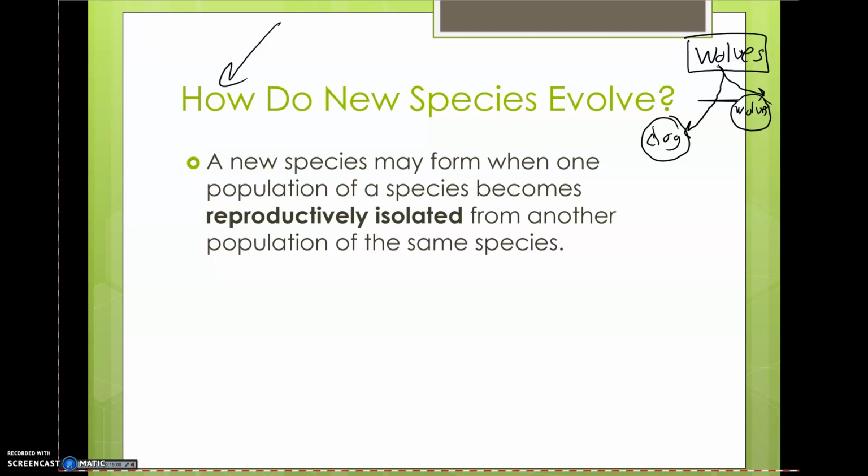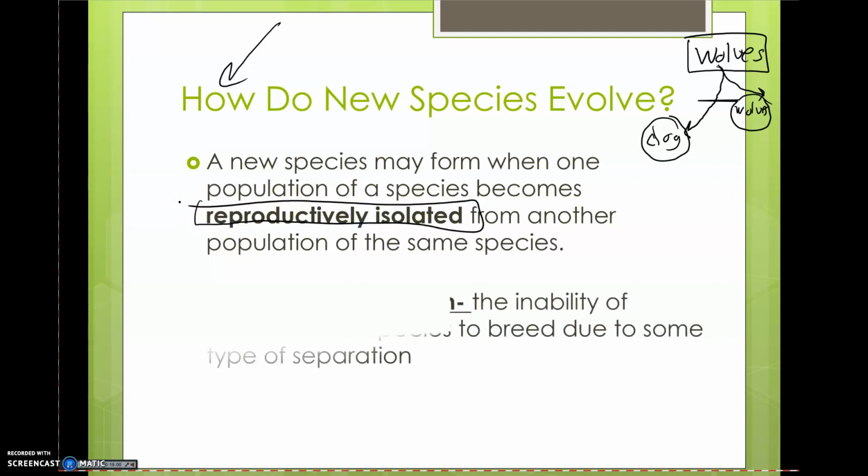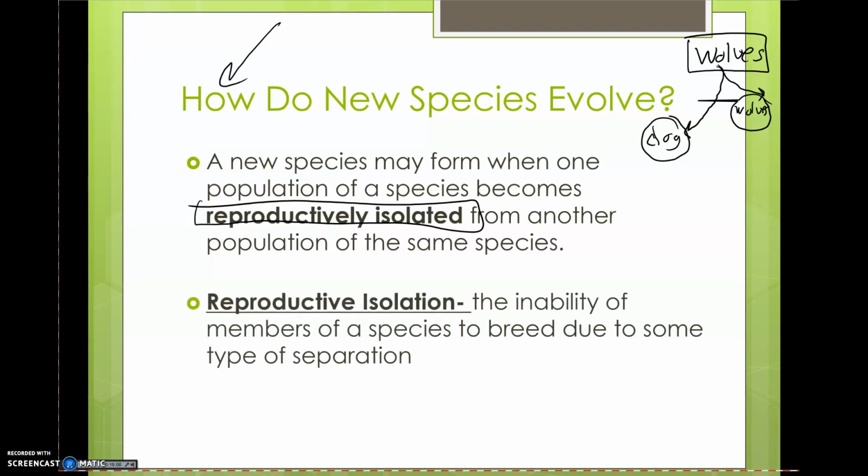For many species to come from one, like our dogs and wolves example here, they had to have become reproductively isolated from one another. What that means is that the groups, right here where my lines diverge, could not get to each other to mate anymore. So then they're now reproductively isolated, and natural selection works on them differently.